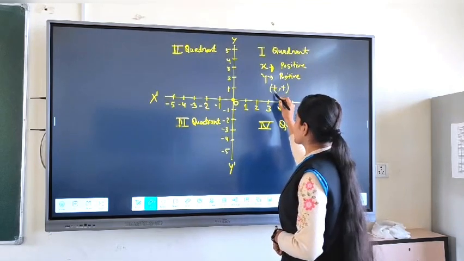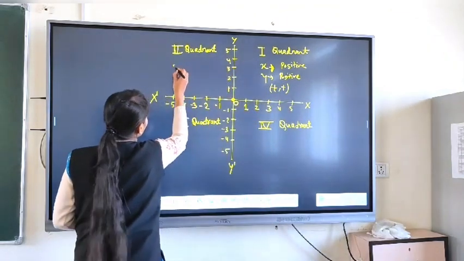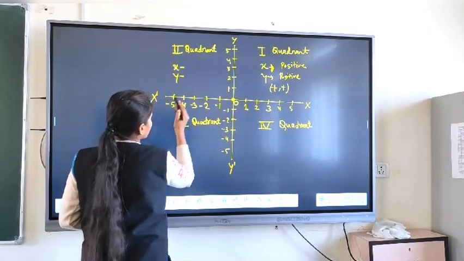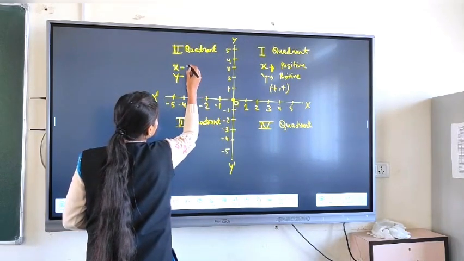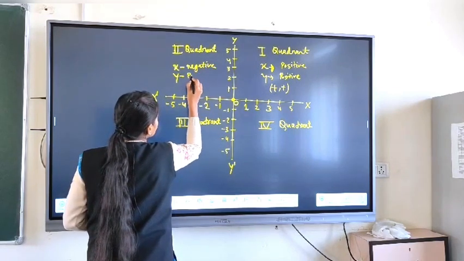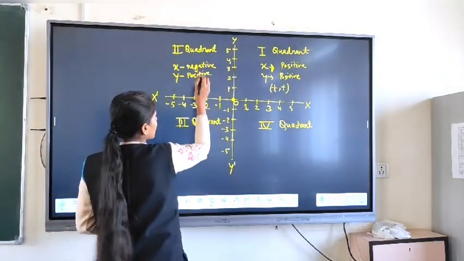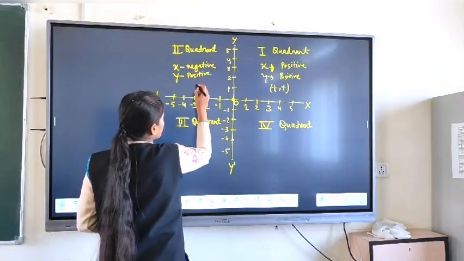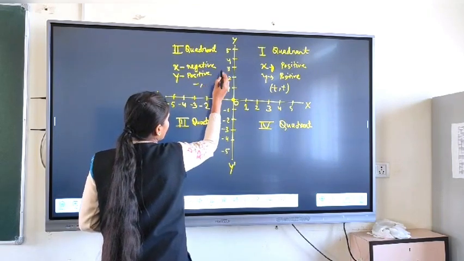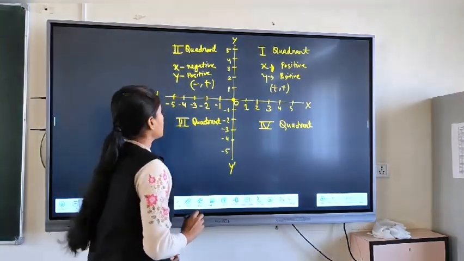Here this denotes x and this one denotes y. Now for the second quadrant, what is the value of x coordinate and y coordinate? The value of x coordinate is negative and the value of y coordinate is positive. We always write x coordinate first, so the sign is minus, plus.